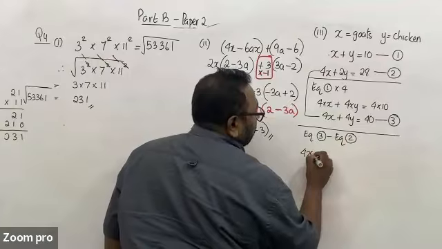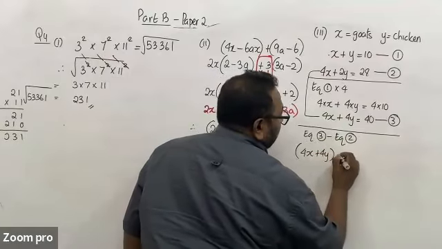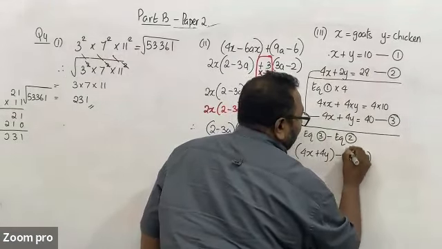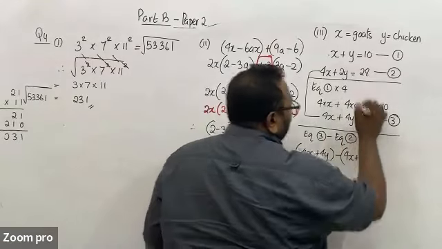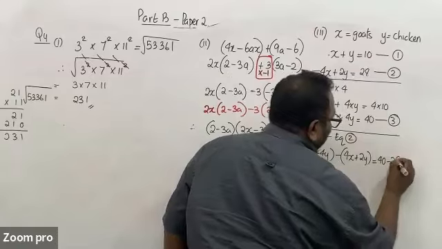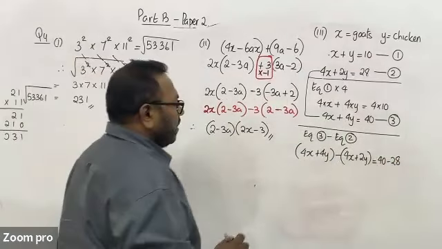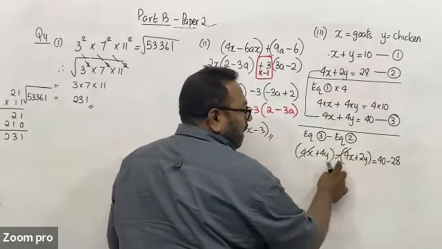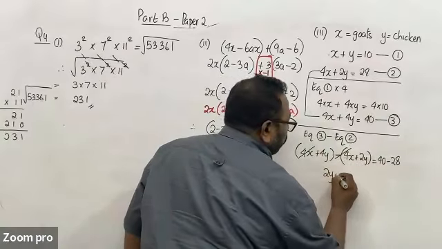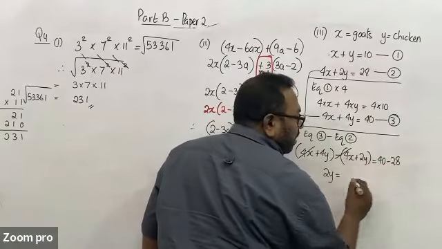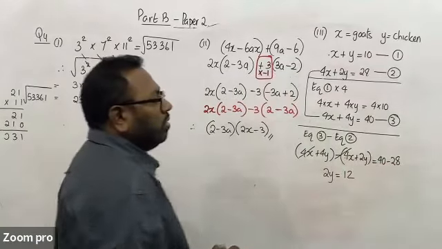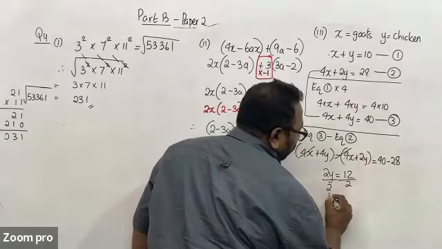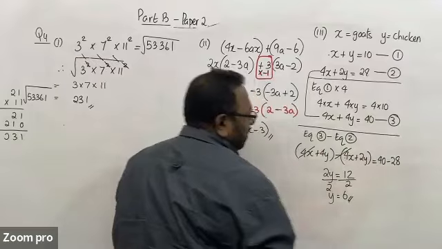So 4x plus 4y minus 4x plus 2y is equal to 40 minus 28. 4x minus 4x will cancel out. 4y minus 2y will give you 2y is equal to 40 minus 28, 12. 2y divided by 2, y is equal to 6.